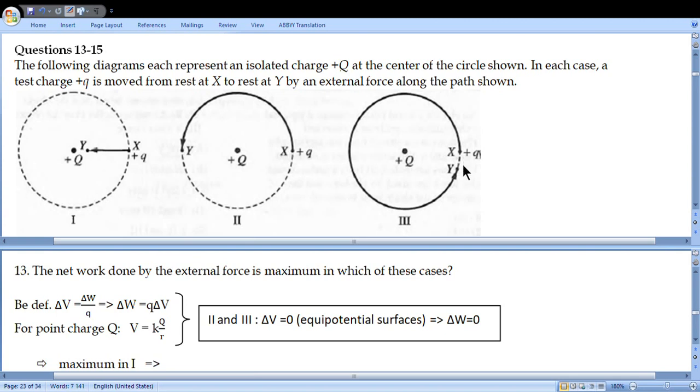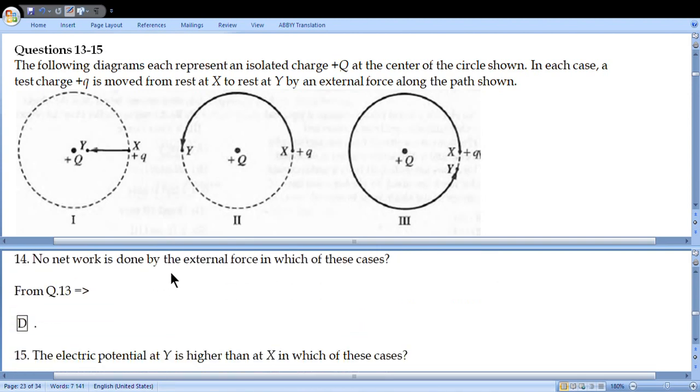The same story here. X and Y are at the same distance because they are on the circle, so change of potential is 0, work done is 0. When we move the charge from X to Y, because the distance at Y is less, the potential here is greater. So the change of potential is not 0, so we're doing work, so the greatest work is done here.